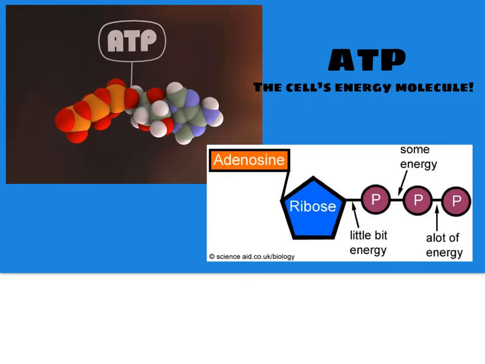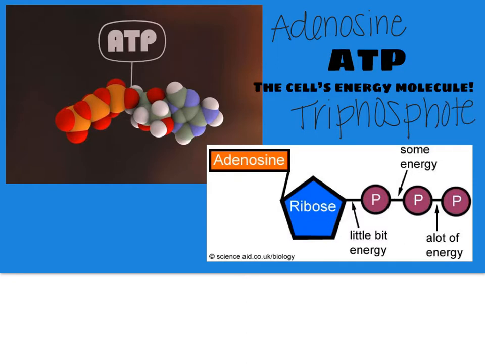All right, so what is ATP? ATP is, in long terms, adenosine triphosphate. It's an adenosine molecule with triphosphate, so there are 3 phosphate molecules right here. Without getting too much into the chemistry, ATP is our way to store energy.